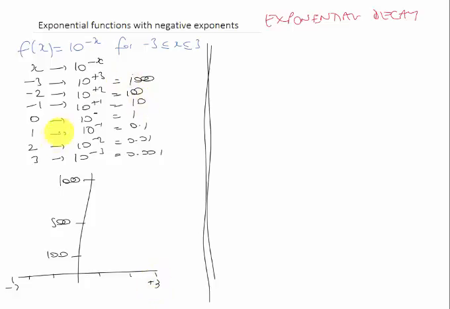Here's our first one: minus 3 maps to 1,000. Minus 2 gives us 100. So you see this really rapid reduction. Minus 1 is 10, and then we can't really tell the difference between these numbers, can we? I'll do my best to draw a line. And again, this tends towards 0 but never reaches 0.